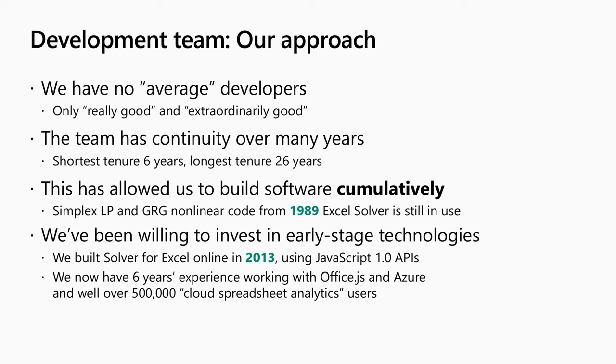We've been able to build it cumulatively. And then finally, we've been willing to invest in early stage technologies. And a good example of this is using the JavaScript APIs 1.0, it was a bit of a struggle. The tooling wasn't all there, and the documentation wasn't all there, and the APIs were pretty limited. But we used them, and we were able to ship products on them. And because we have 6 years of experience and over 500,000 cloud spreadsheet analytics users.